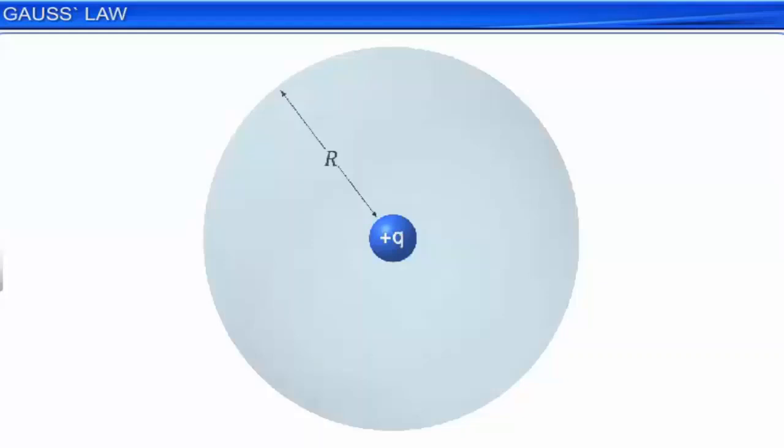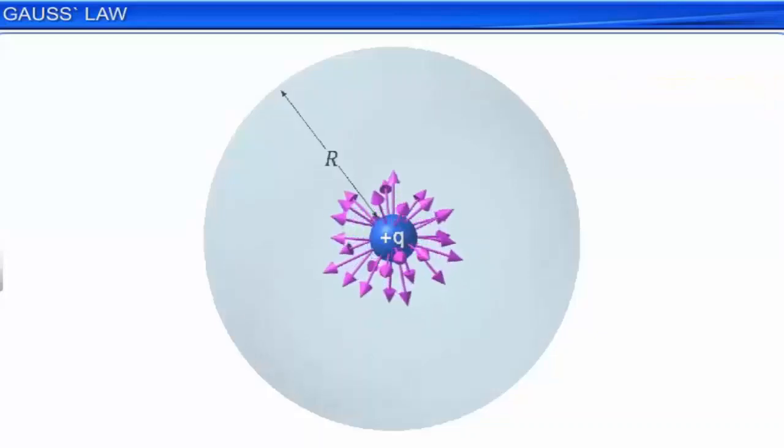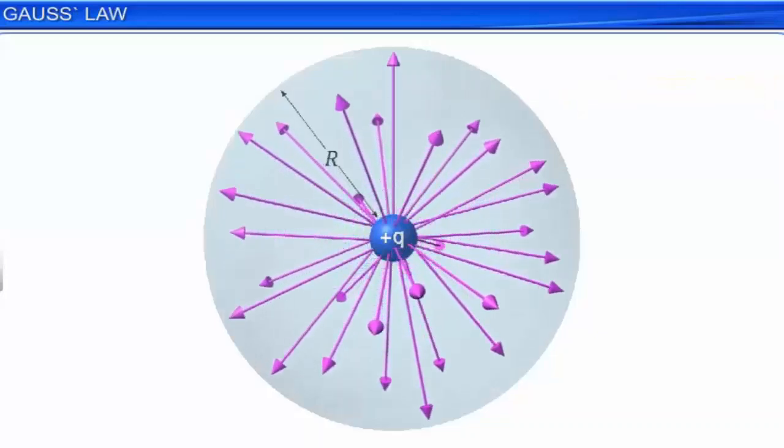The closed surface is referred to as the Gaussian surface. The electric field lines of the point charge plus Q are outwardly normal to the charge and hence are outwardly normal to the sphere at all points on its surface.